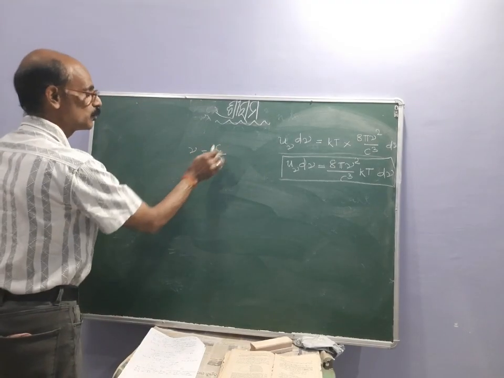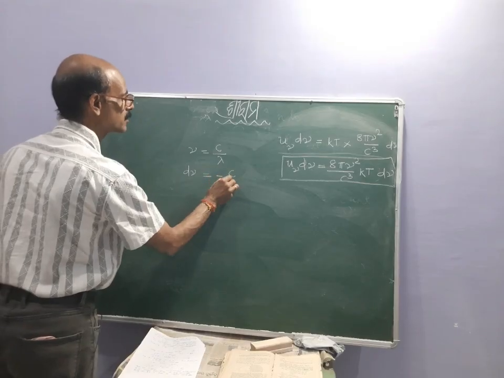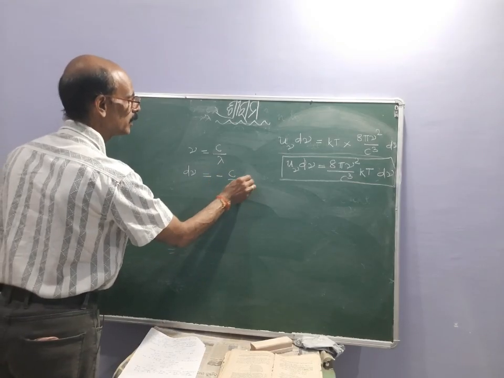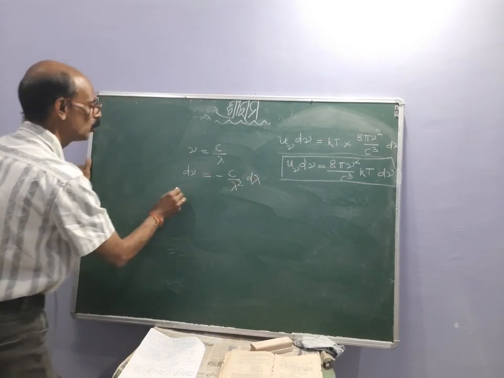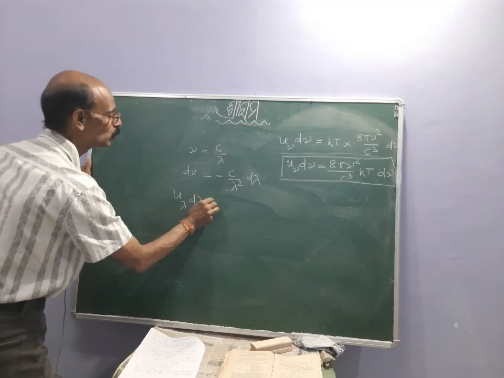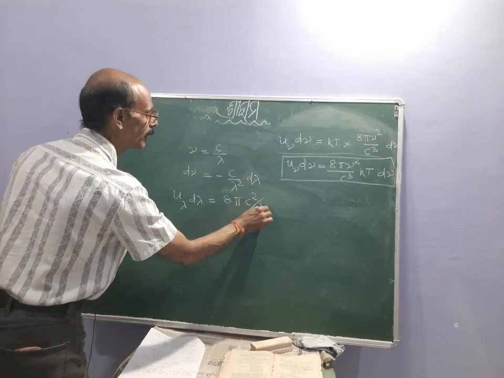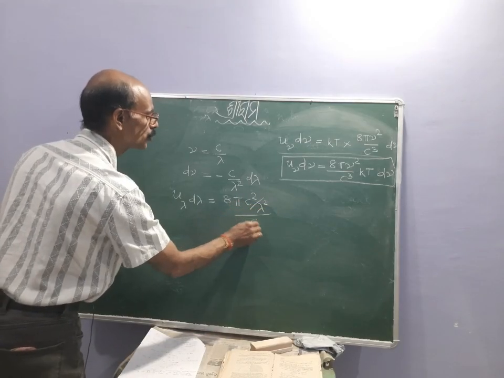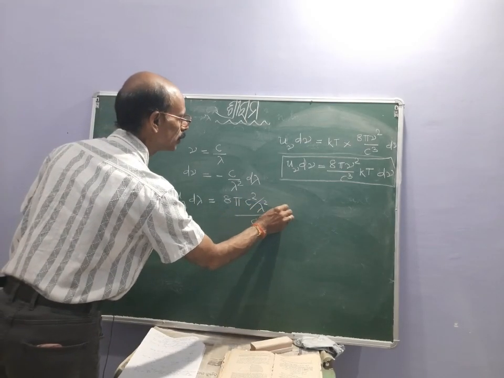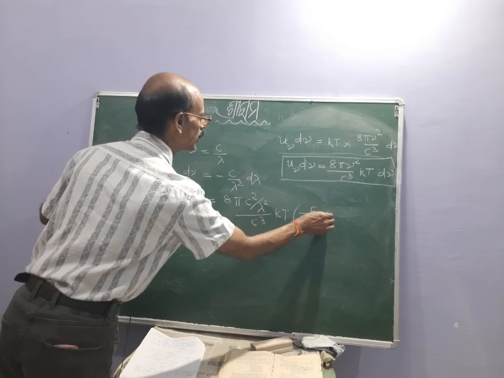So if nu is equal to c by lambda, then d nu is equal to minus c by lambda square d lambda. Now u lambda d lambda will be equal to 8 pi c square by lambda square by c cube into kT into minus c by lambda square d lambda.